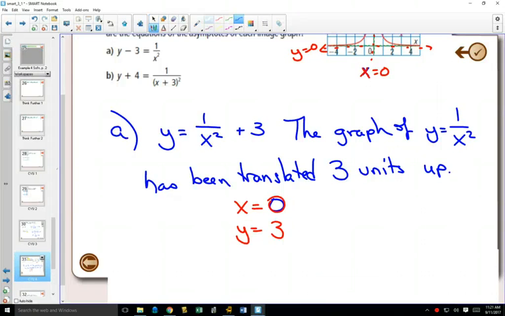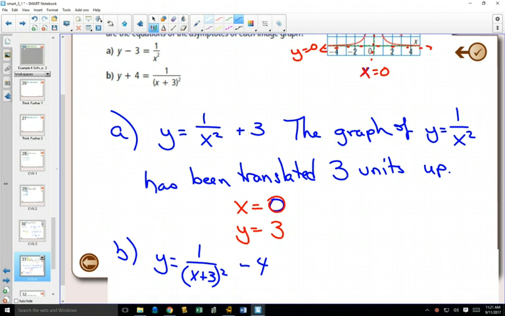In part B, again, I'm going to take some time to rewrite this. The other thing to think about is, how do I recognize my original graph? How do I recognize what my parent graph is?